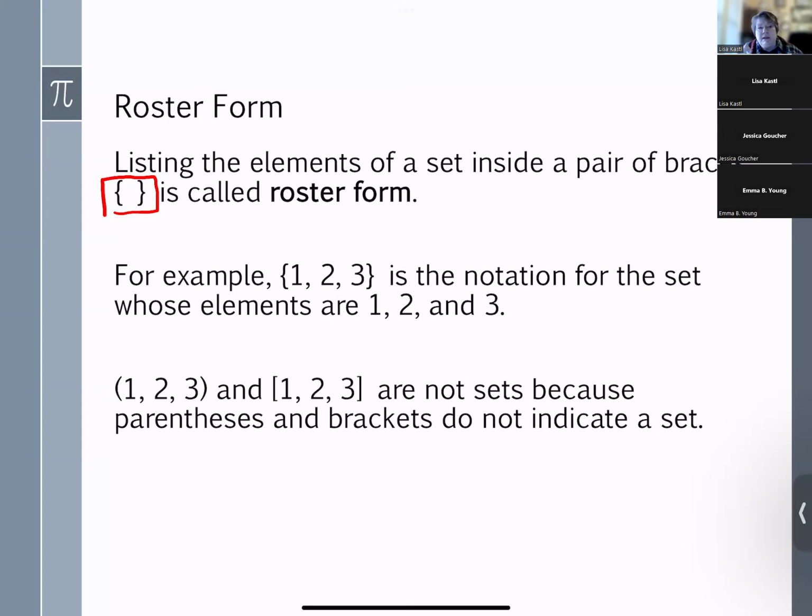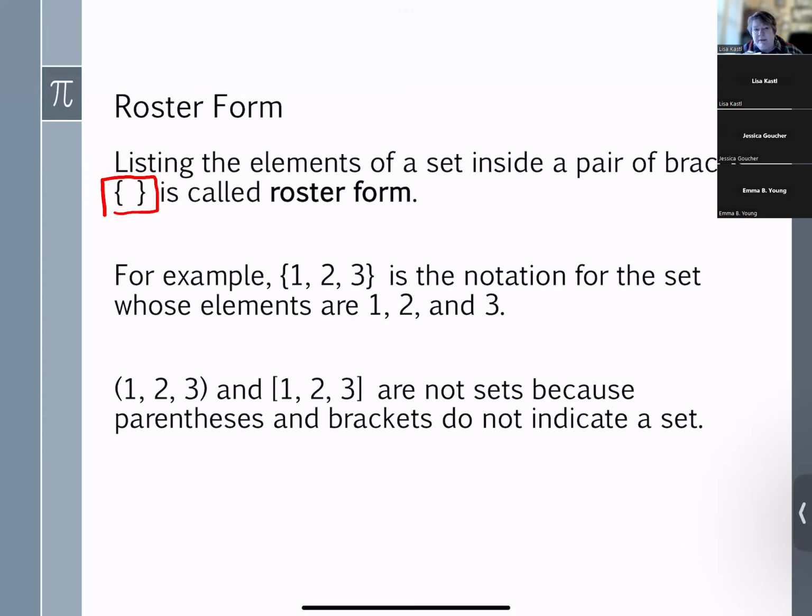So when you see things listed inside a pair of braces, separated by commas, that is a set. I can't think of us using that particular nomenclature for anything else in math.